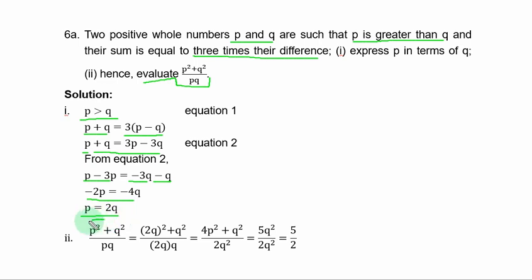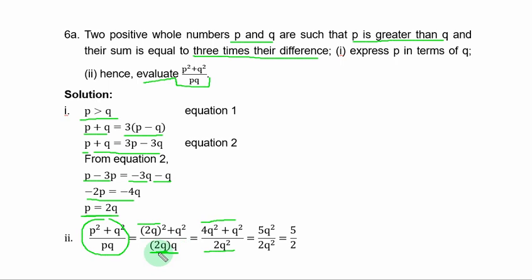Now, you are asked to evaluate this. We know P to be 2Q. You simply replace P with 2Q wherever it is found. So you have 4Q squared plus Q squared over 2Q squared.